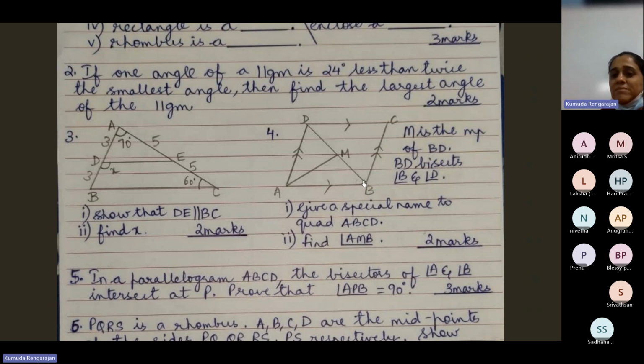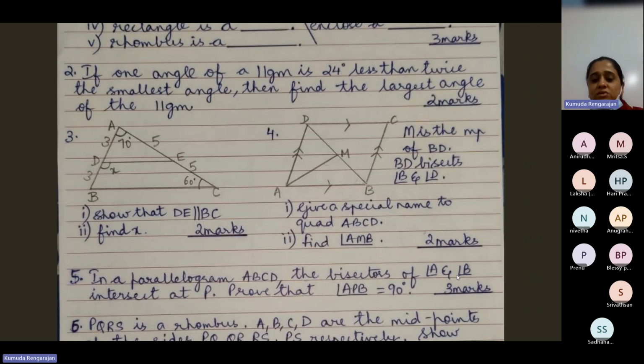In the question, it's given that M is the midpoint of BD. So that means if you continue AM, it will be the diagonal AC. And we know that the diagonals are perpendicular to each other. So angle AMB is equal to 90 degrees.